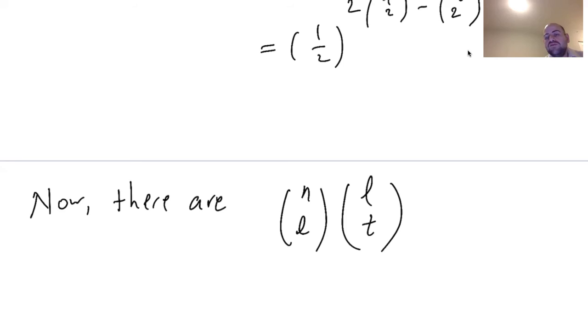And once I do that for AJ, basically I have to still choose L minus T vertices for AJ out of how many vertices? But I had N vertices in total, L of them were already chosen.